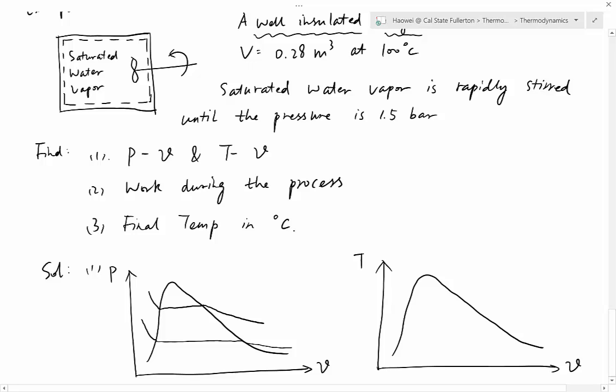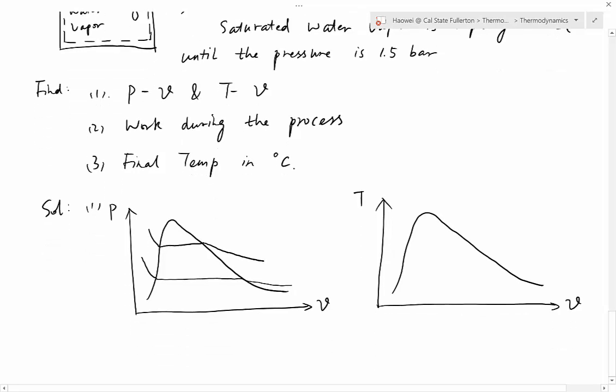So if you add energy into this saturated water vapor, what's going to happen to the temperature? The temperature will go up. So T2 is higher than T1. If T2 is higher than T1, then the top line should represent the higher temperature, T2, and the lower line should represent the lower temperature, T1.